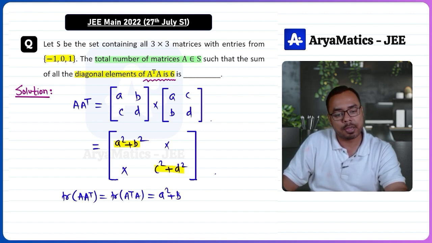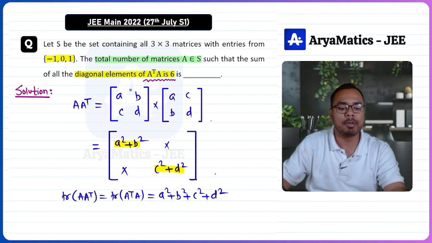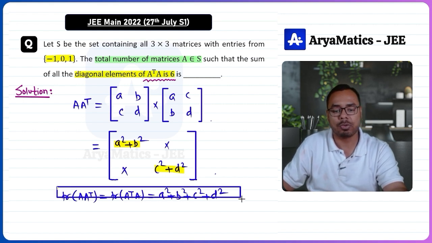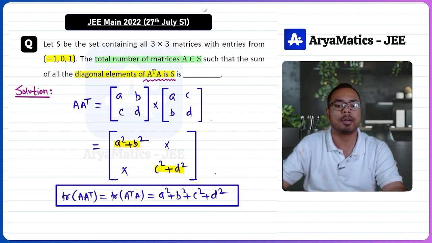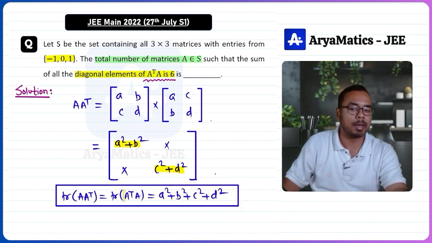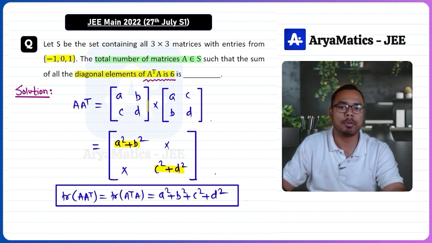Notice that A, B, C, D were nothing but the elements of this 2 cross 2 matrix. So this is one very important result, that for any square matrix, trace of A into A transpose is nothing but sum of square of all the elements in that matrix.